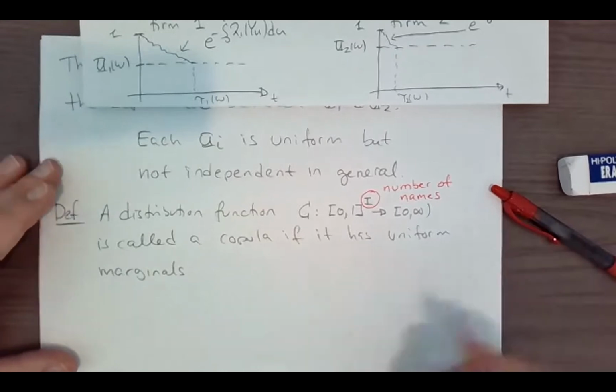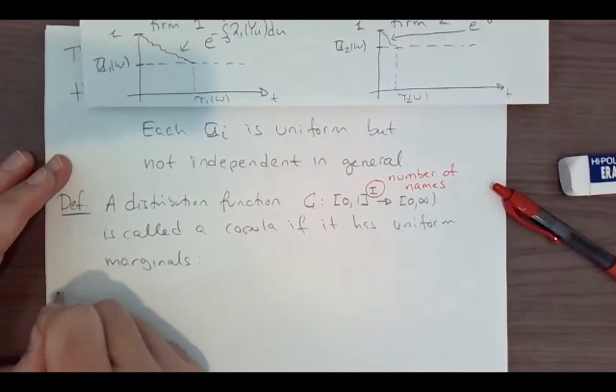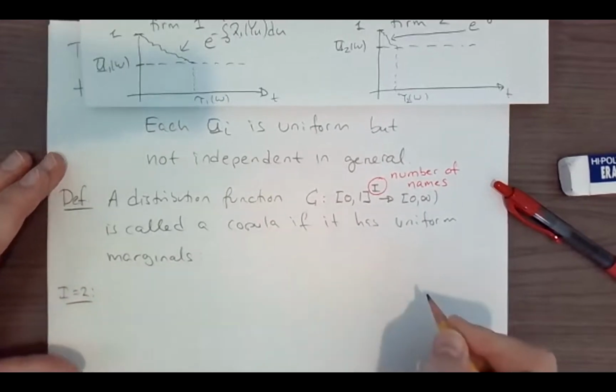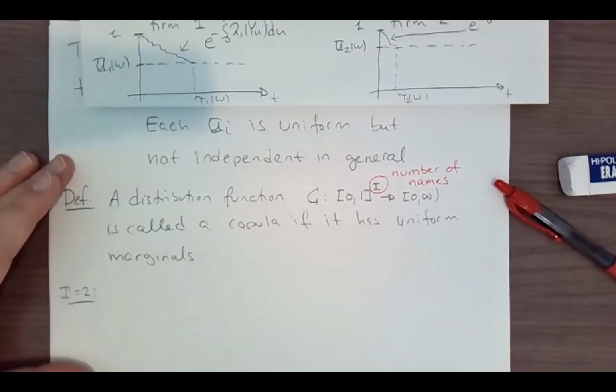So what it means to be a distribution function, in 2D, if I is equal to 2, is this.